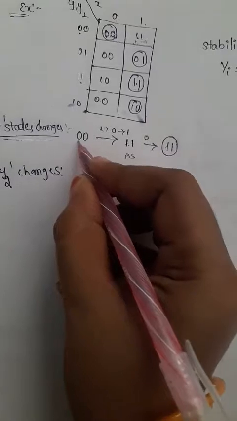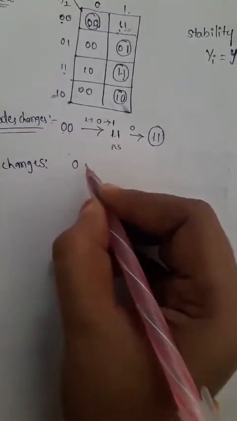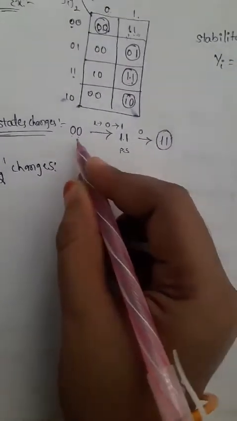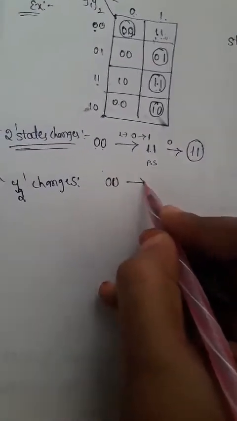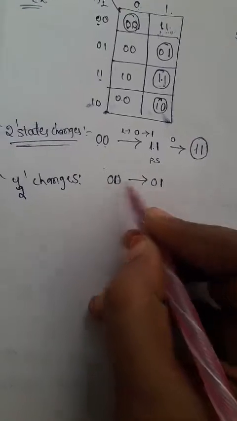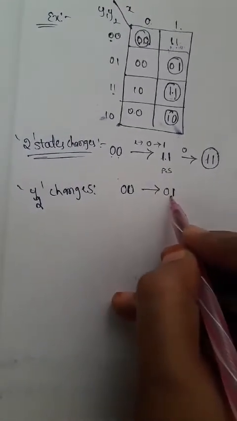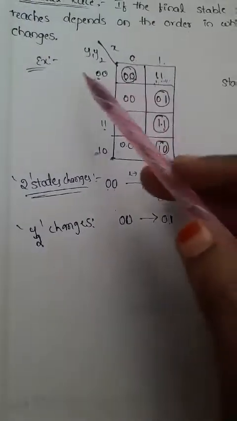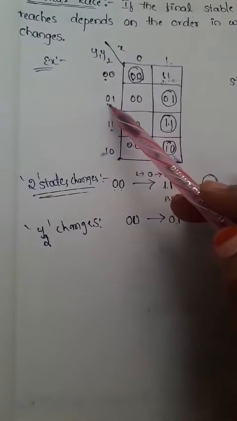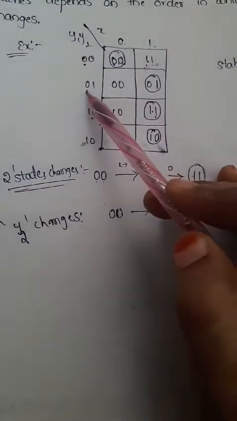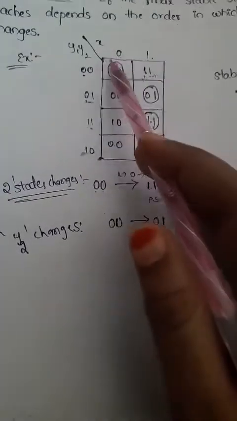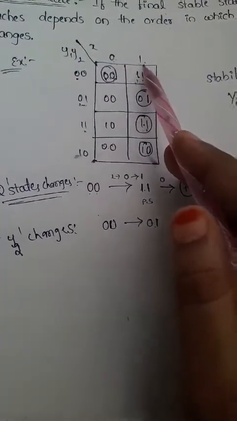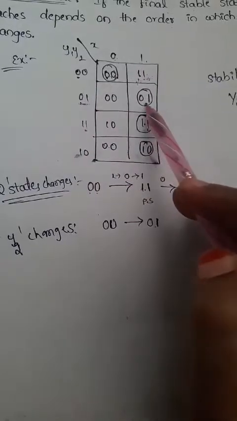So then we'll get y1 is this one and y2 is this one, right? So I can change y2 first. Then automatically this 0 0 will change to 0 1. So y1 is as it is and y2 I can change here, that is 1. So now we'll go for the 0 1 state in the secondary variable row. That is nothing but the 0 1 state here. So for this 0 1 state, whenever the input changes from 0 to 1, what stable condition are we getting here?